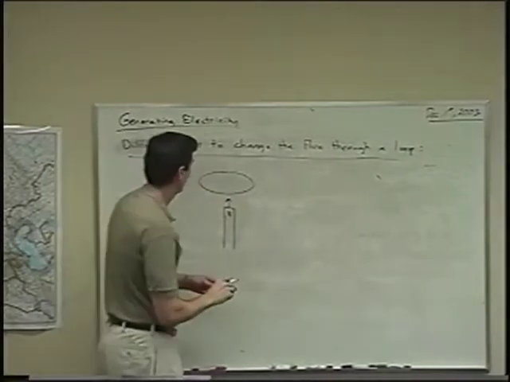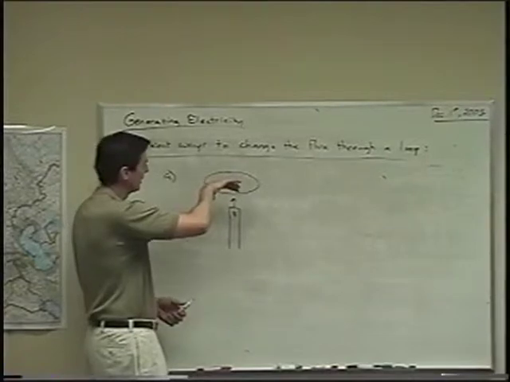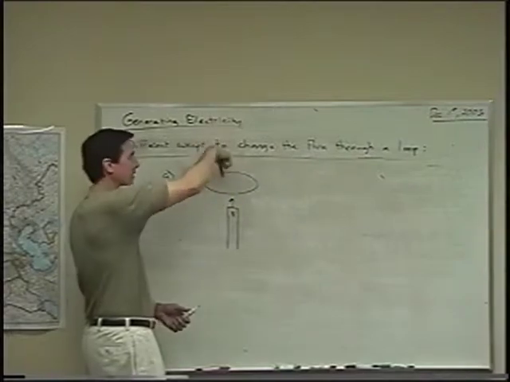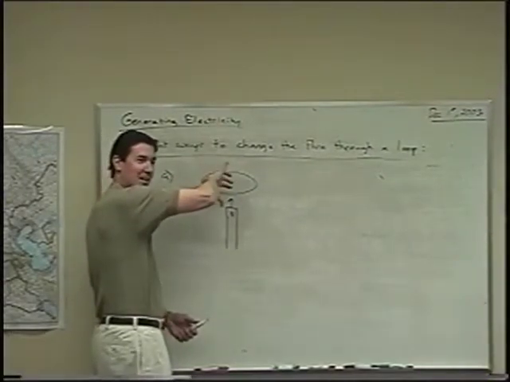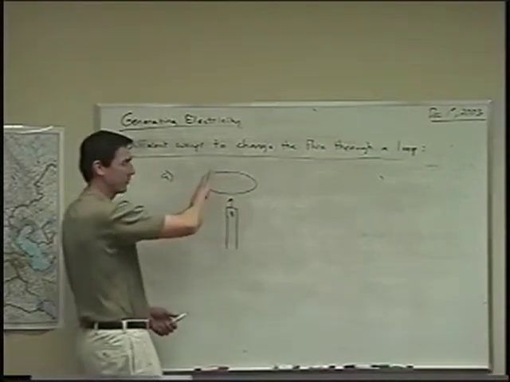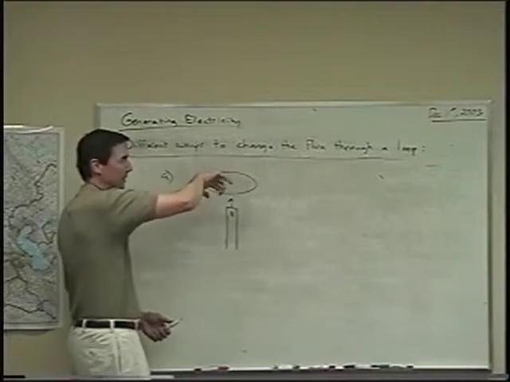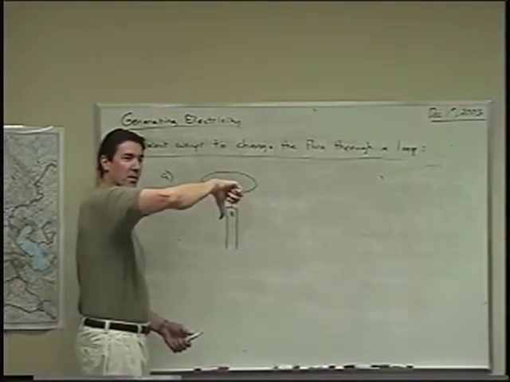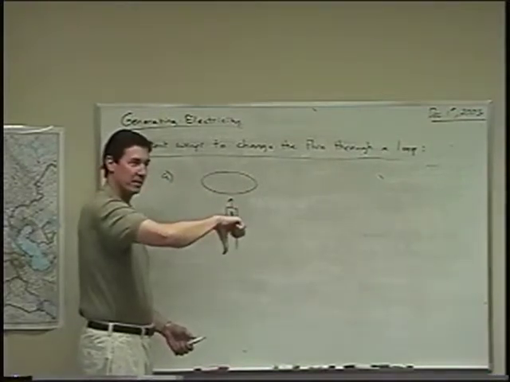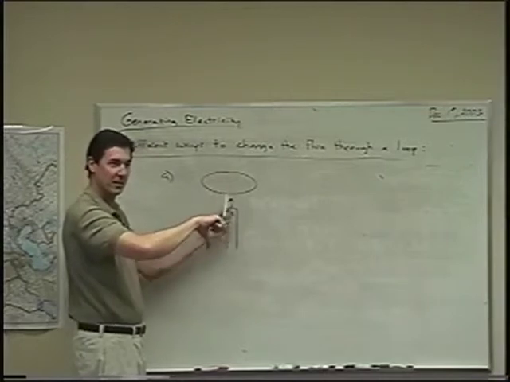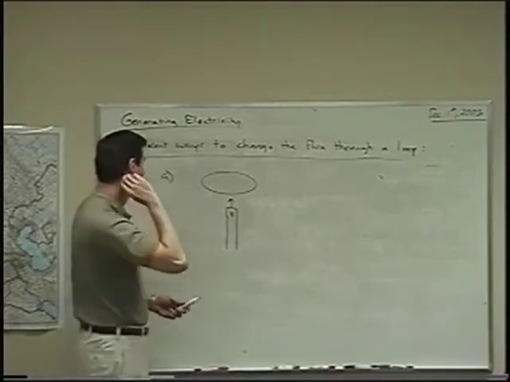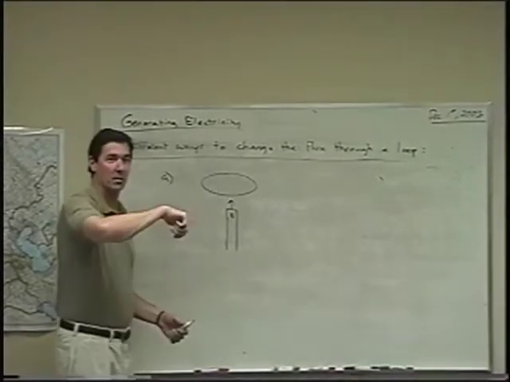Clockwise, if you're looking from the top. The current would flow around clockwise in order to oppose the change, because you're increasing the field through the loop by moving the magnet toward it from the bottom. So looking from the top, the current would flow clockwise.